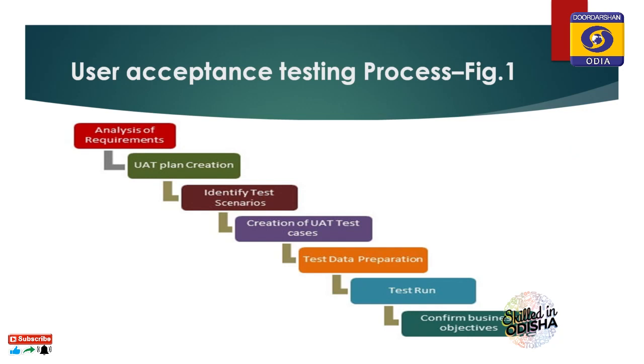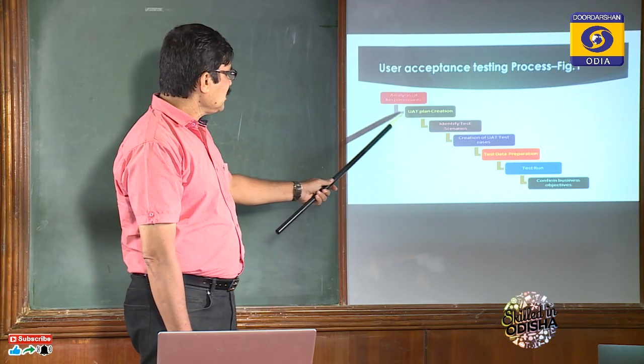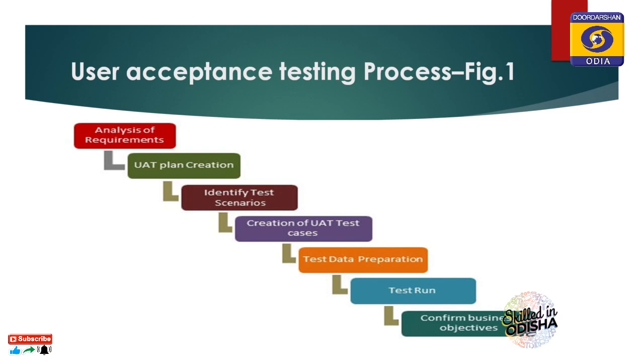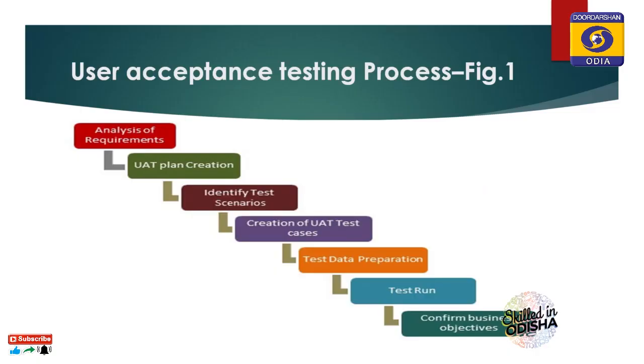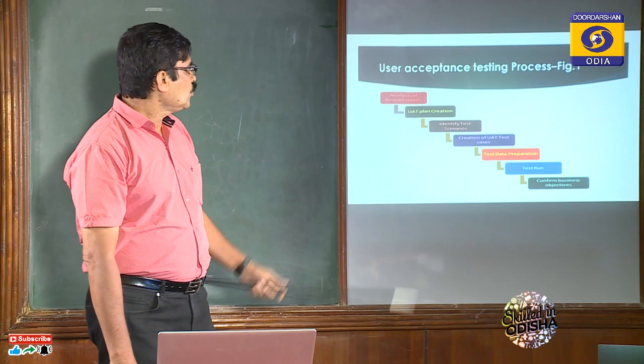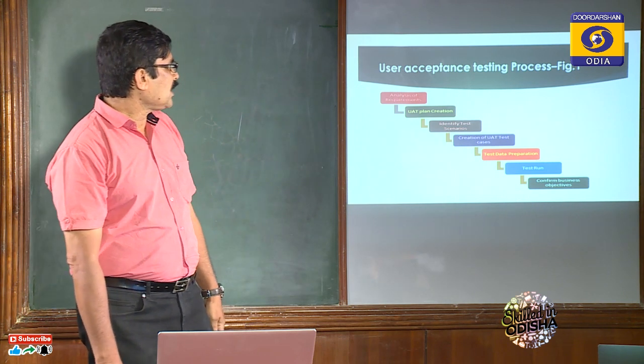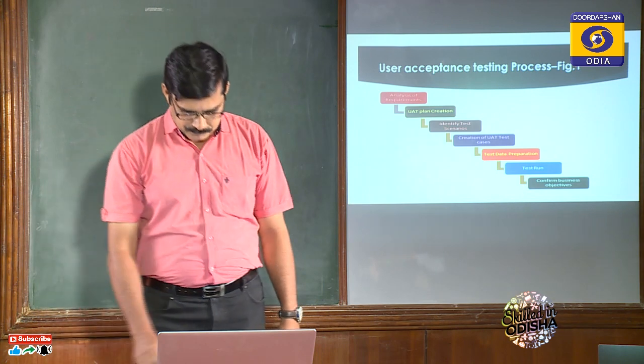First we do analysis of requirement, then UAT plan creation, then identify test scenarios, then creation of UAT test cases, then test data preparation, then test run, then confirm business objectives. These are the 7 processes undertaken by the user in user acceptance testing.